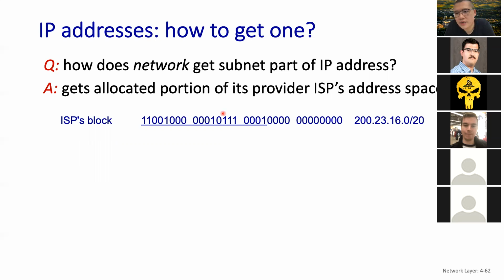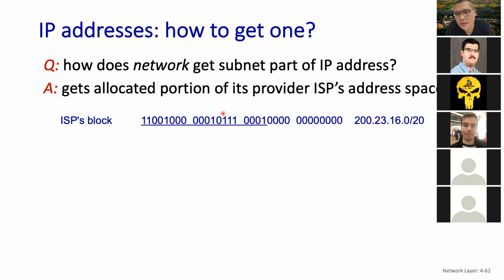It has to come from the ISP's address space. When you join the network, the host gets an IP, but how do we get something like 223.1.1? How do we get that address?